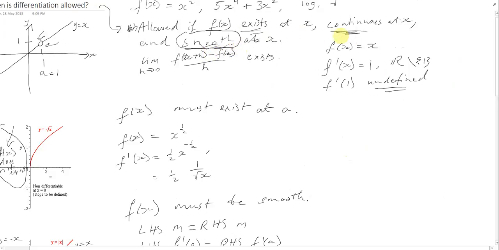So existence and continuity are all about the limits from both sides being the same, and smoothness is all about the gradients from both sides being equal. There we go, and it's pretty easy to spot if you actually have a graph there.